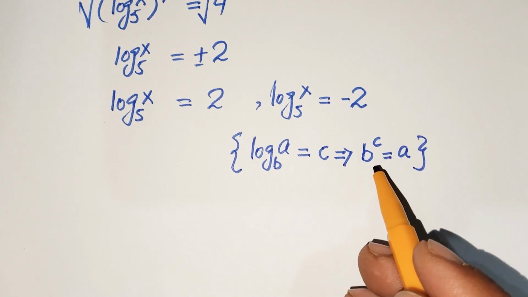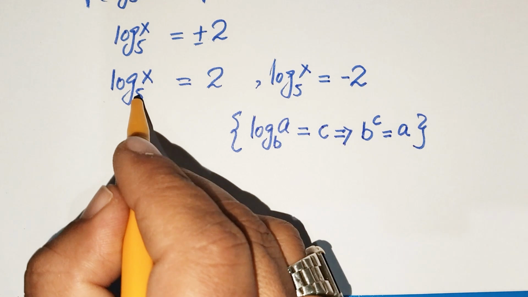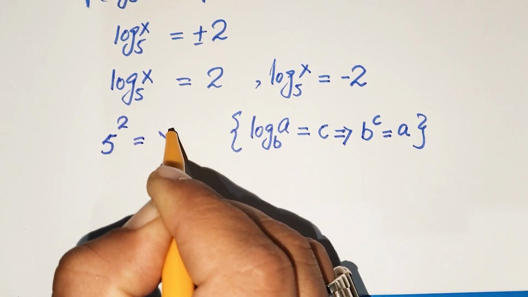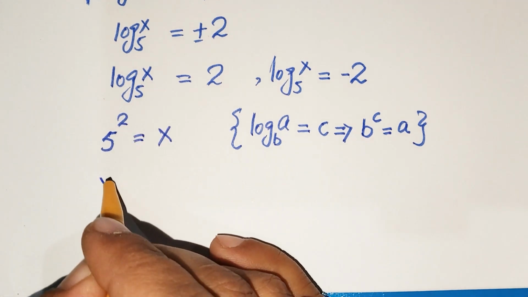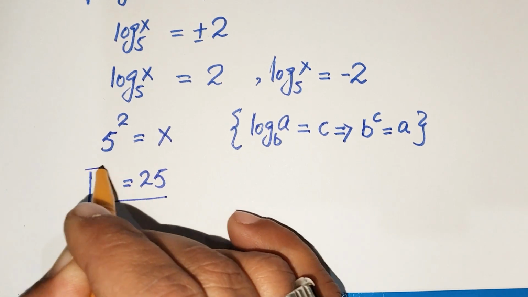Now we are going to use this law here, then we get 5 raised to the power 2, which is equal to x. So now x is equal to 5 square is 25. So it is our first value of x.